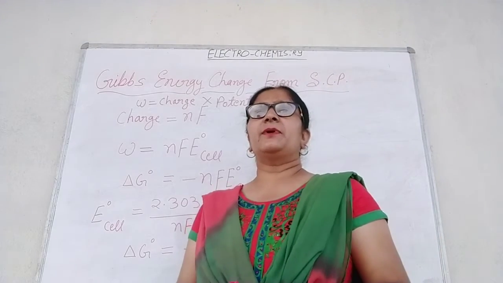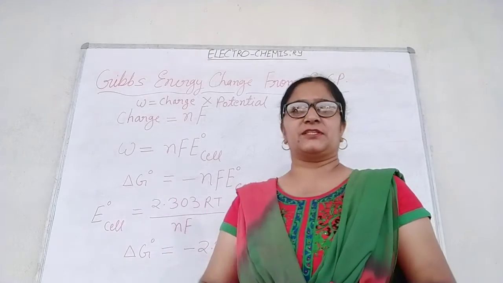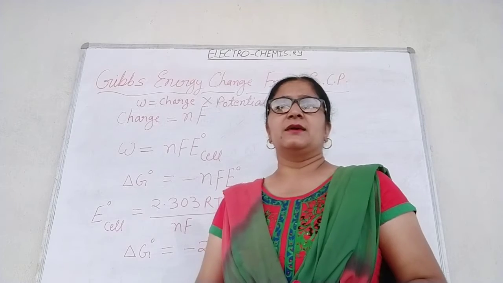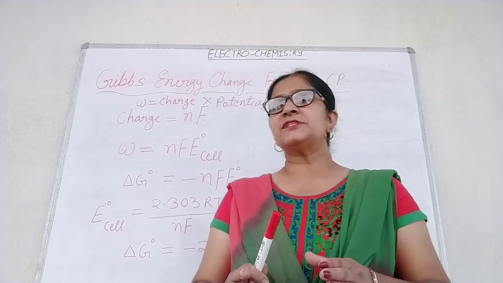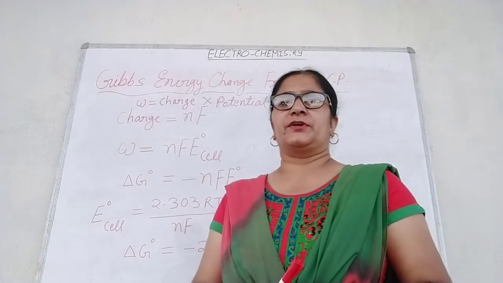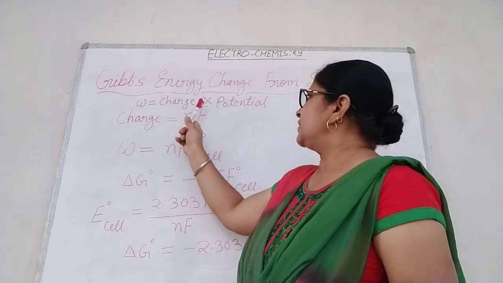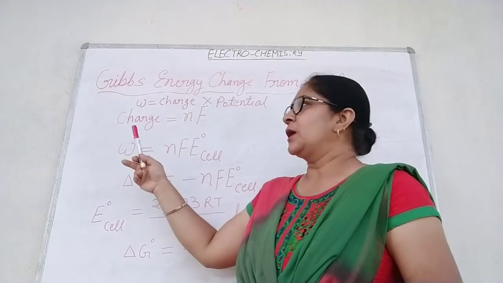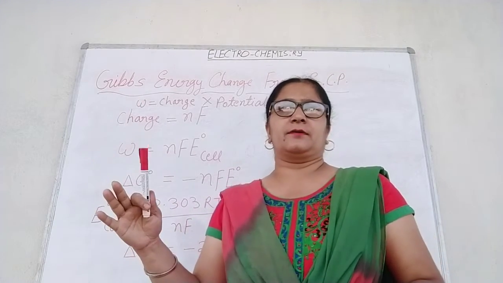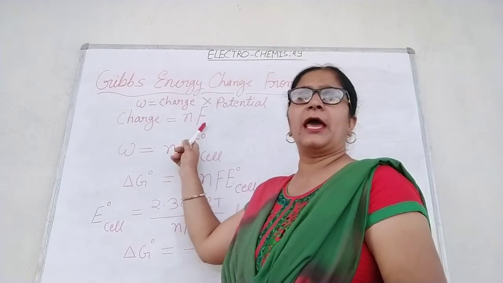Now, we derive a relation between Gibbs energy change and the standard cell potential. We all know that work done by an electrochemical cell is equal to the product of cell potential or EMF and the charge transferred. So, we can write the work is equal to charge into potential. If n moles of electrons are transferred here, then charge will be equal to nF.